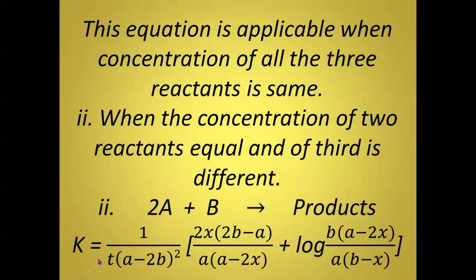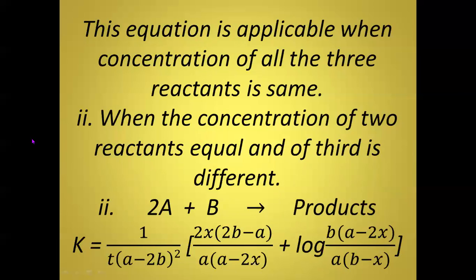So we finally get the equation for K, which is K = 1/t × [ (A − 2B)² × 2x(2B − A) / (A(A − 2x)) + log B(A − 2x)/(A − Bx) ].